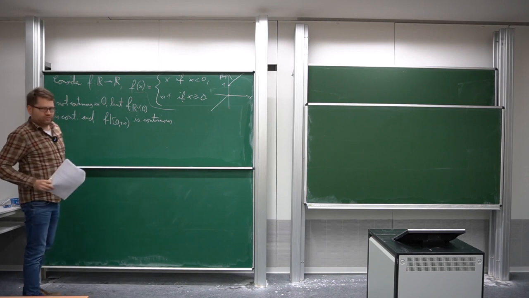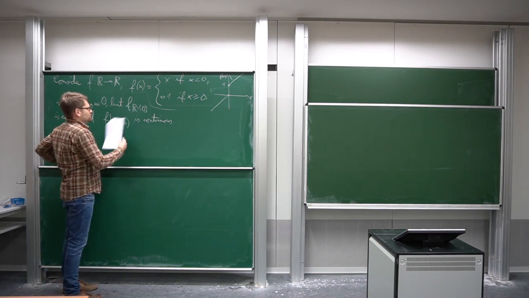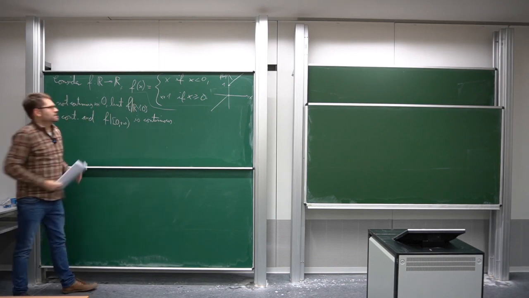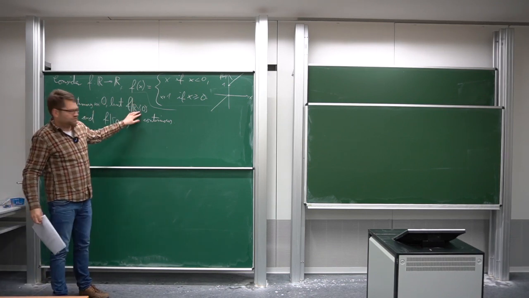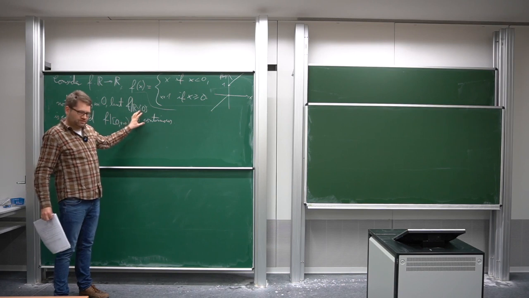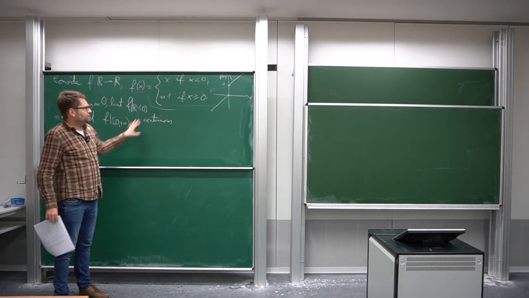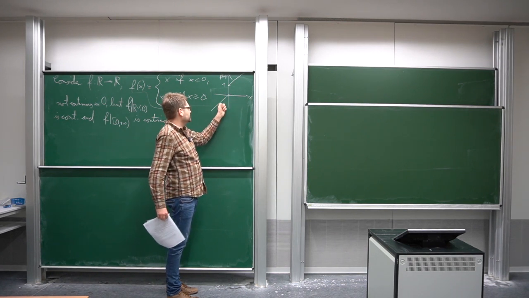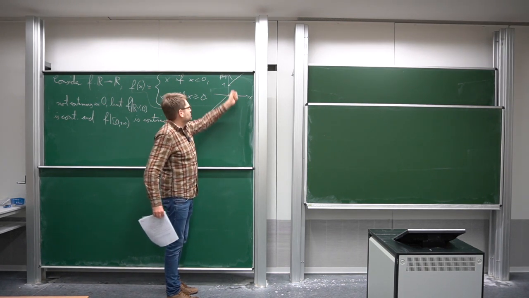So in general, we don't have a continuous extension of this function, this restriction, in 0, so there's no limit in 0. But if we just consider points from the right-hand side, then we have a limit indeed. And also from the left-hand side, we have a limit, which is just not the value of the function here.